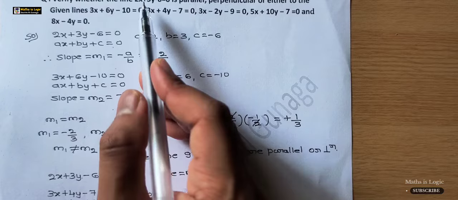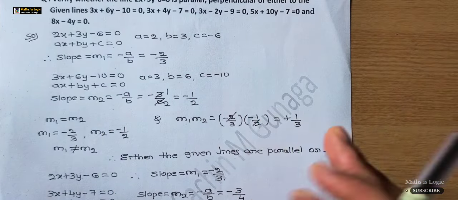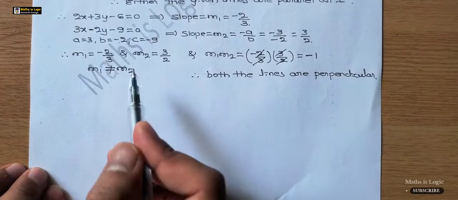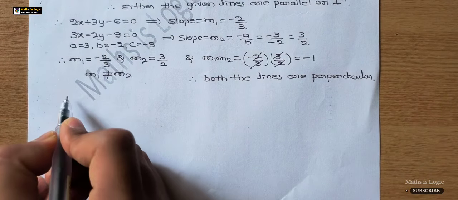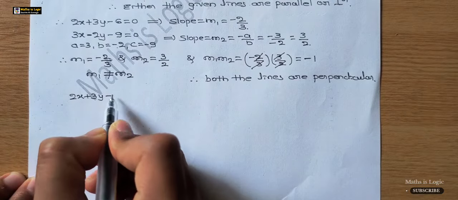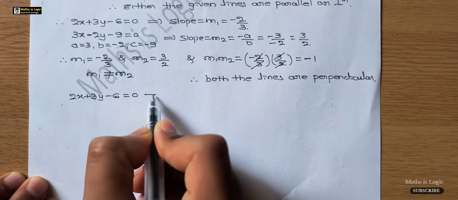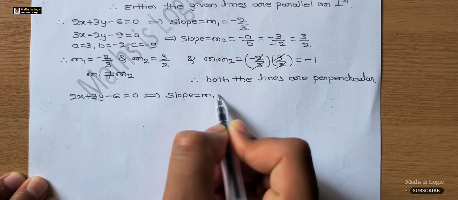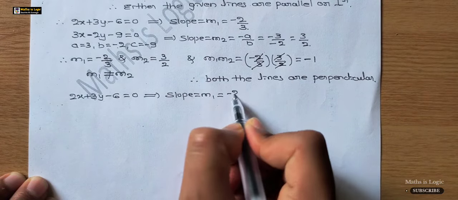Now first line with the fourth line you go. Therefore, again the same. So first line 2x plus 3y minus 6 is equal to 0. It implies that slope value m1 we are getting is minus 2 by 3.